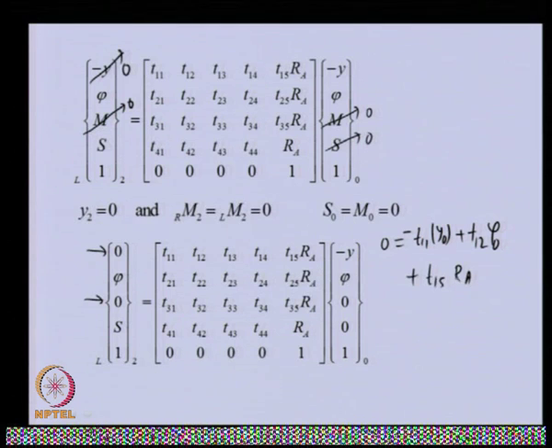So this is Ra. Now you can see this is the first equation.